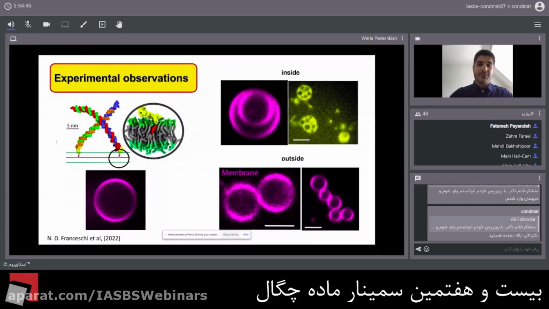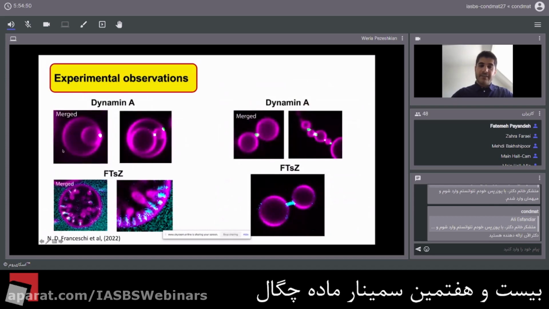So one side only has the nanostar in it, and because the nanostar is only on one side, other proteins can bind from the other side. And when they have this, the nanostars are inside, and then dynamin is outside.